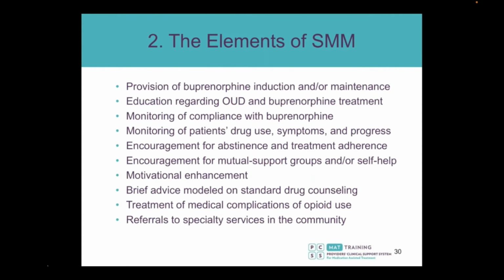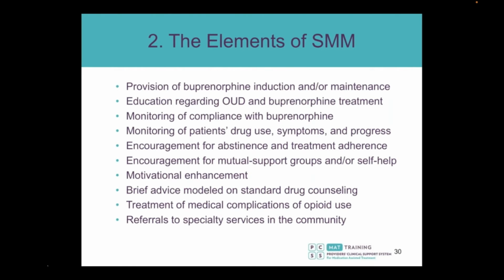And the last three things that you see on the slide have to do with advising the patient. So brief advice modeled on something called standard drug counseling. You do not have to be a therapist or a psychologist or psychiatrist or a drug counselor to do this, but brief advice based on it. Advice to address medical complications of opioid use.